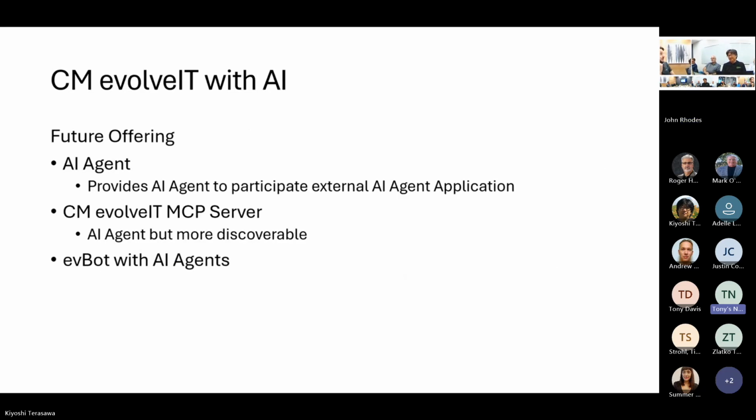These are what we can do for the future: agents to do more complicated things, including conversion or documentation, not just workflow-based but more dynamic, and then create an MCP server and also a bot with an AI agent. That's very natural, because time is going in that direction right now.